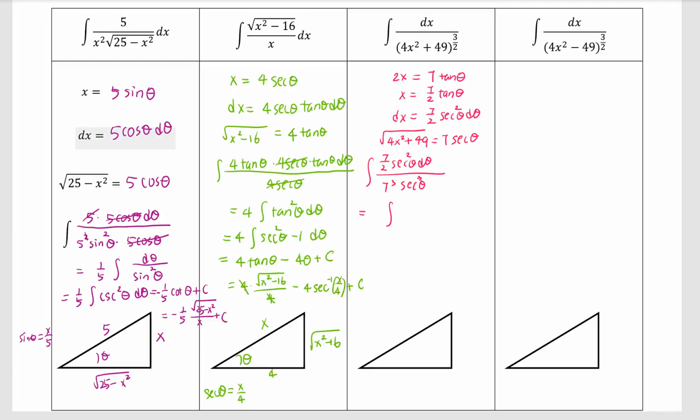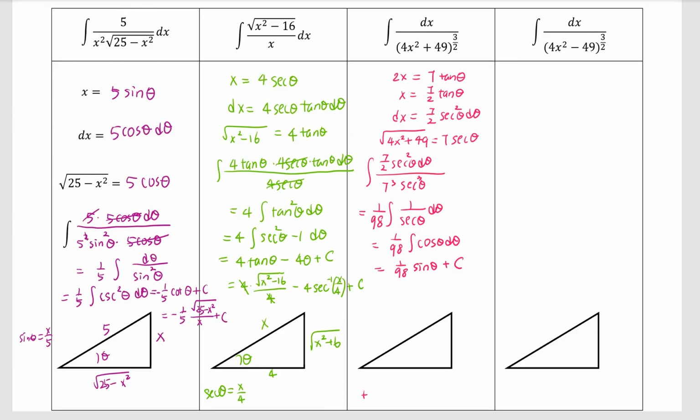The 2 is also in the denominator, so 1 over 2 times 49 is 98. And we cancel the secant squared, so we only have a secant in the denominator. What happened? 1 over secant is cosine, right?